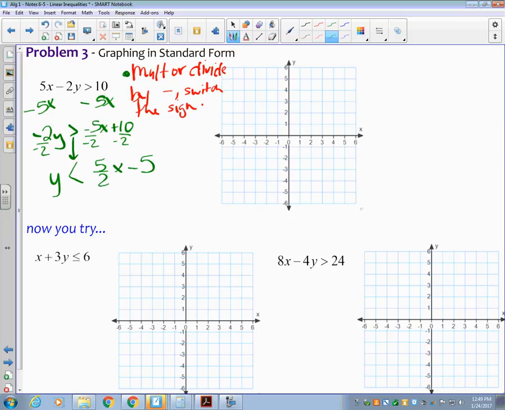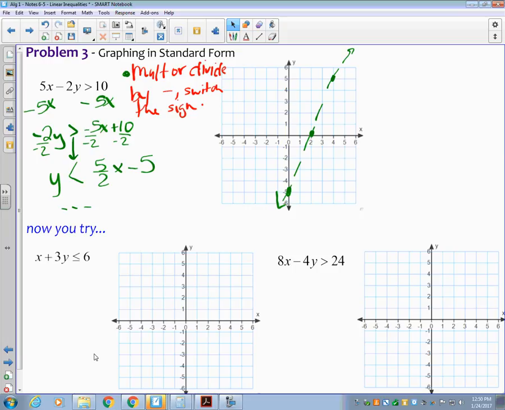Then I'm going to go ahead and graph it. We start at negative 5. We go up 5 over 2. And we are a dashed line because we don't have an equal sign in our inequality.